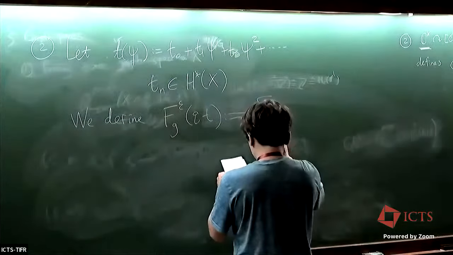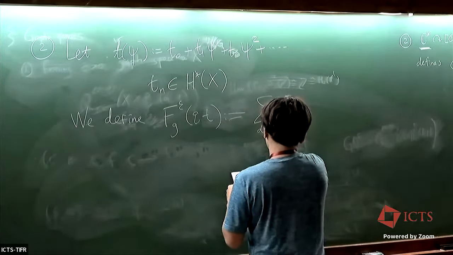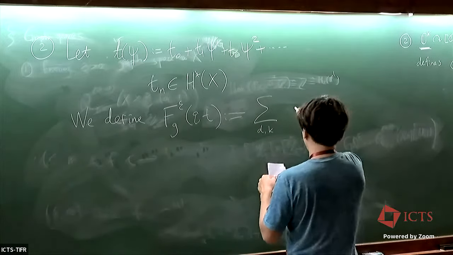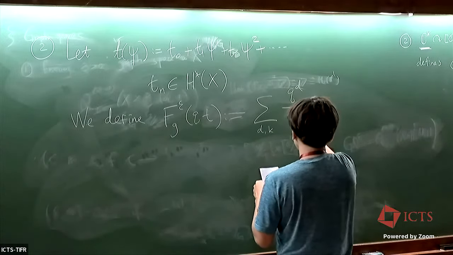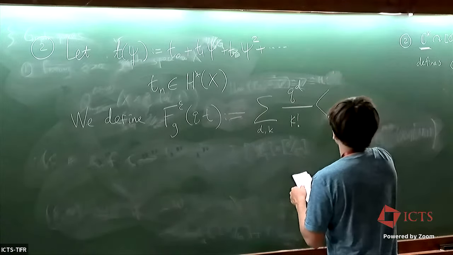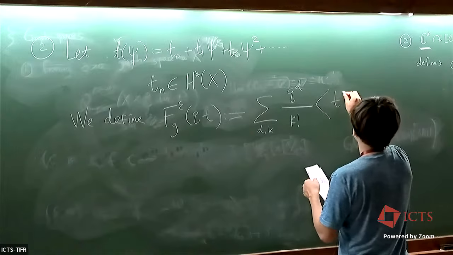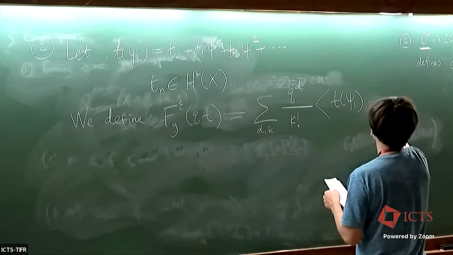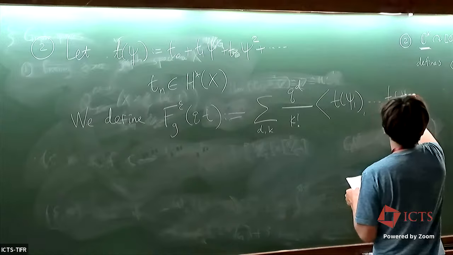This is a summation over all d and k of q to the d over k factorial, times the invariant with insertions t psi 1 through t psi k.